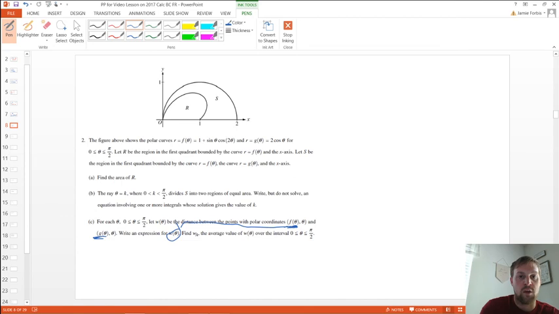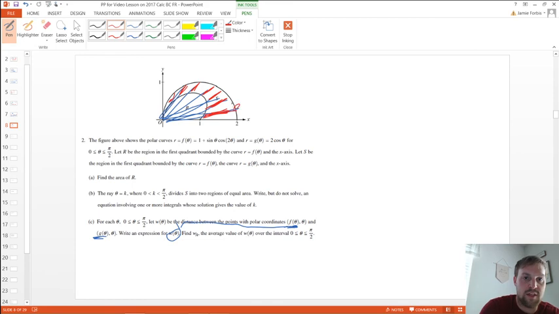So W of theta represents, so if I'm doing theta, let's say I'm going to draw theta all the way around. Here's theta all the way around. Now W of theta is just the distance between my function G of theta and F of theta. It's all of those in red. Well, how do I figure that out in terms of theta?